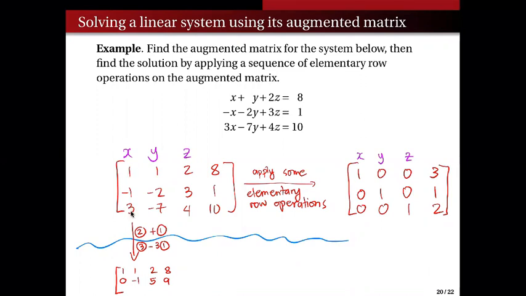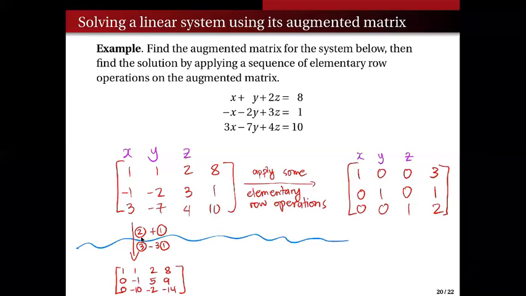So 3 minus 3 times 1, that will become 0. Minus 7 minus 3 times 1, that's minus 10. 4 minus 3 times 2, that's minus 2. 10 minus 3 times 8, so 10 minus 24, that's minus 14.